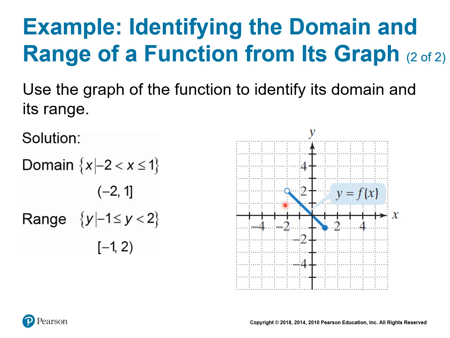At x equals -2, y is 2. The highest value that the graph extends to is +1. The corresponding y value is -1.